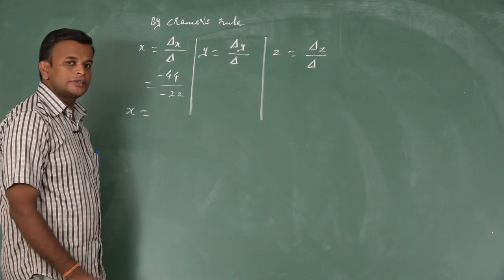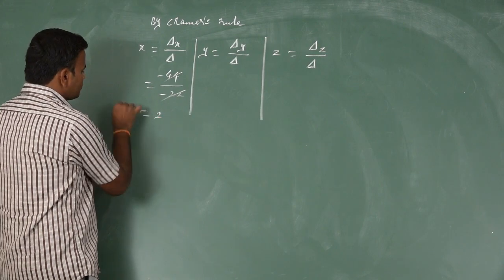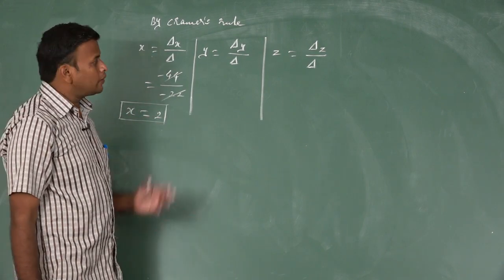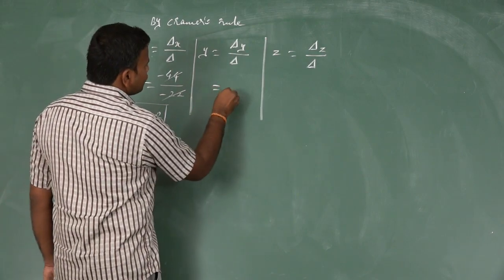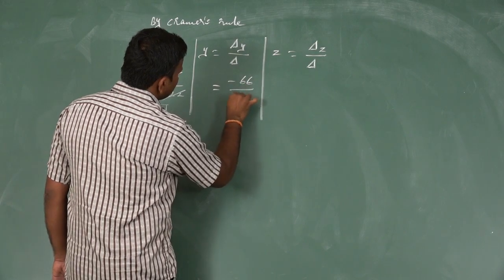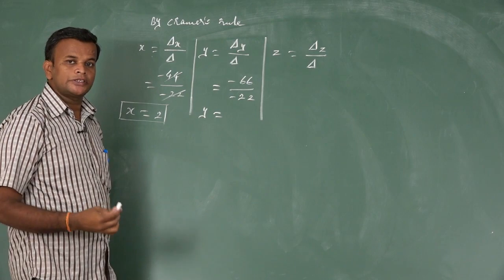So the value of x: minus by minus is plus. In the 22 table, 44 is 2 times. The x value is 2. And y is del y by del, the value of del y is minus 66 by minus 22. Minus by minus is plus.